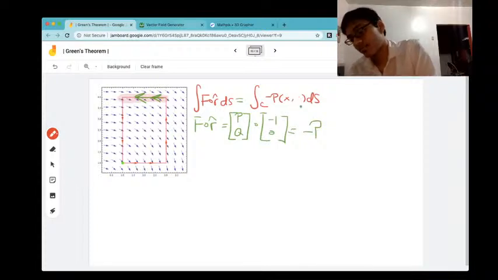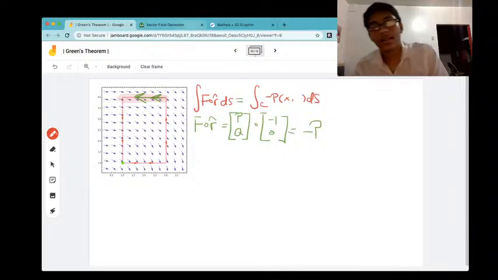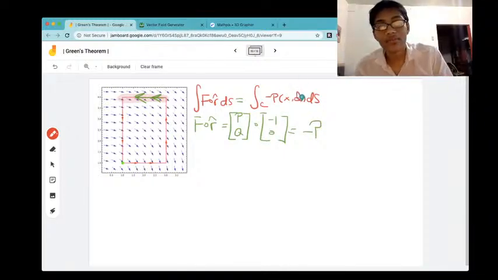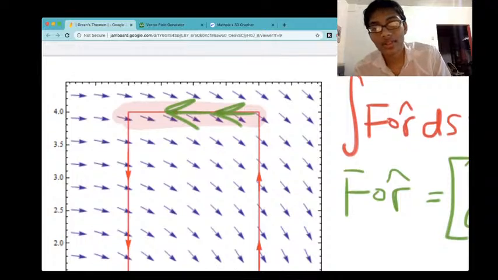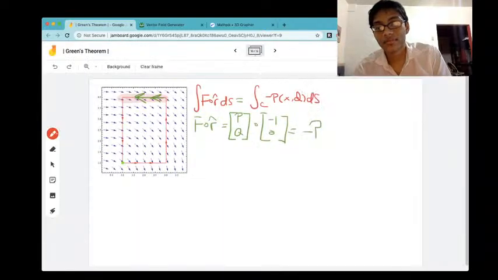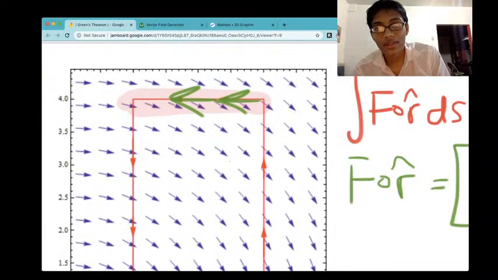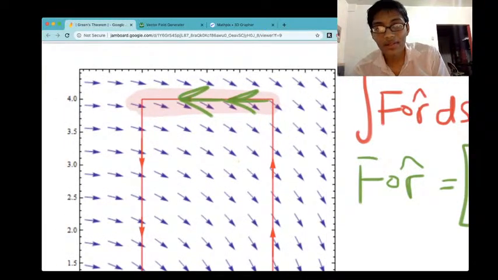And as you might have expected, the work done this time is negative. Why? Well, you can see that this time the x components of the vector field are going this way, but the x component of the path of motion is going in the exact opposite way.